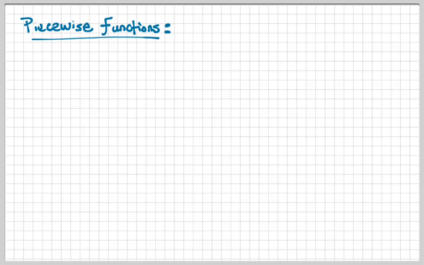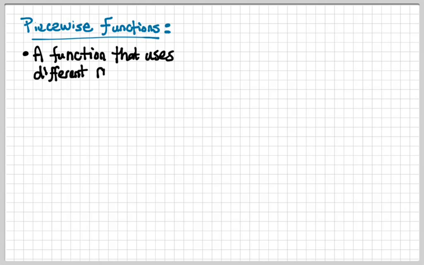The basic definition of a piecewise function, the one that CPM gives you, is a function that uses different rules for different parts.